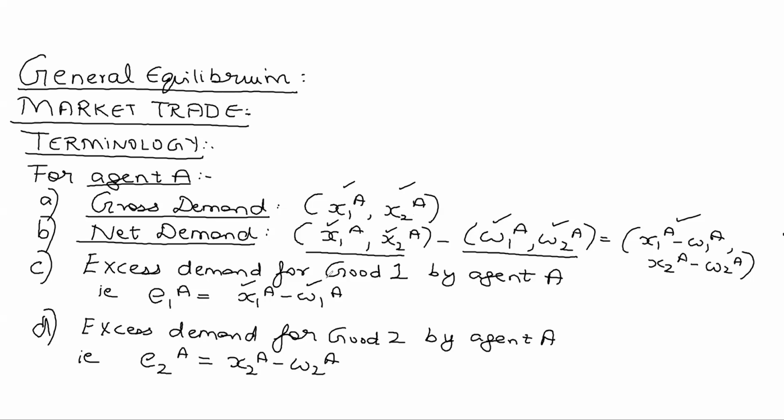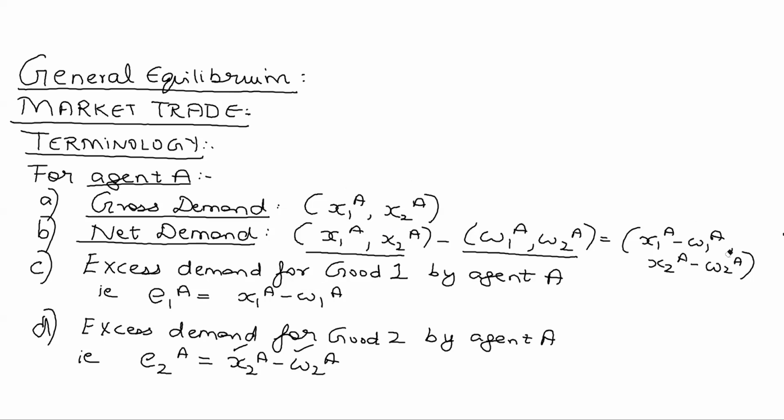The excess demand for good 2 by agent A is the amount consumed of good 2 over and above his endowment, so x2a minus omega 2a. I hope it is clear to all the students attending the lecture today.